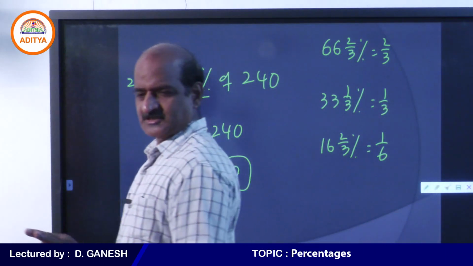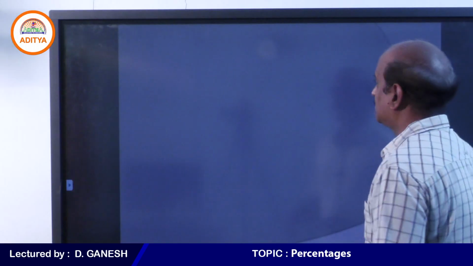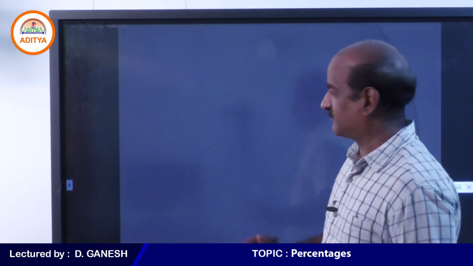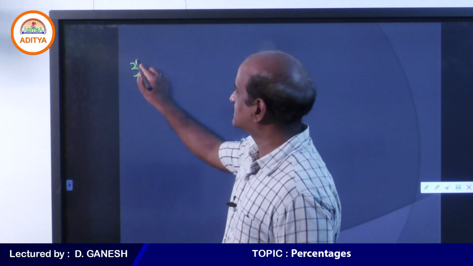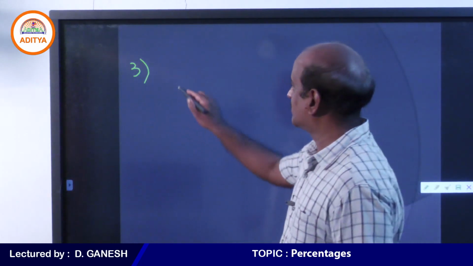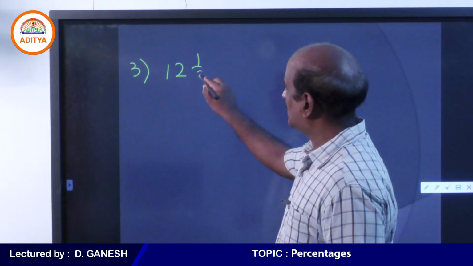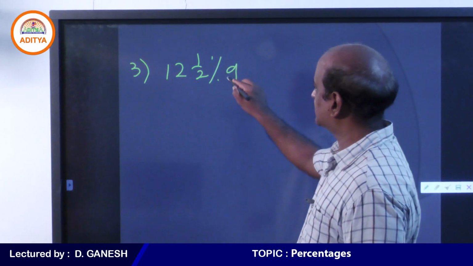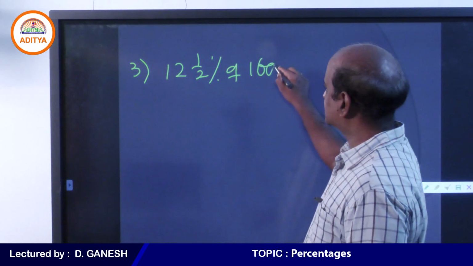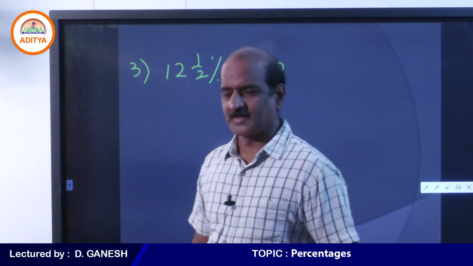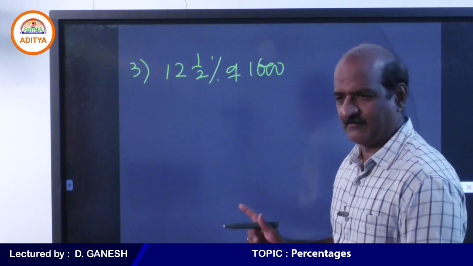Students, you must remember some of the very common fractional values. So this is about the second one. Now please let me know the answer. What is 12.5% of 1600? You remember the standard value of 12.5%?